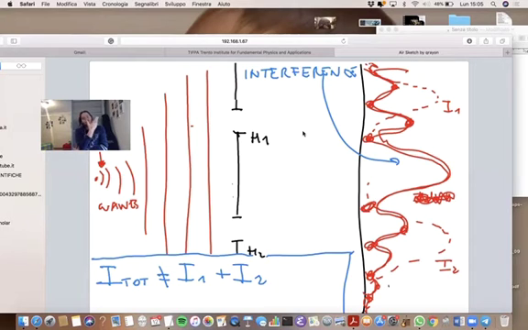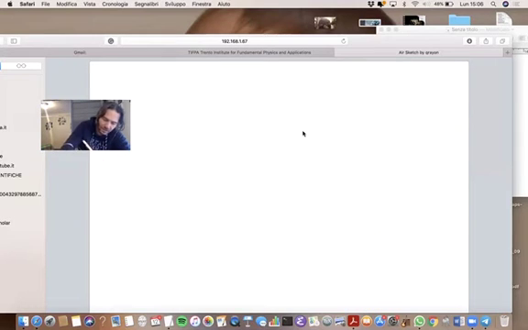So can we compute the intensity of the total wave given the intensity of the waves that go through one hole and the intensity that goes through the other? Not directly. If you take some resemblance from your previous education in wave theory, you have to define a concept of amplitude.